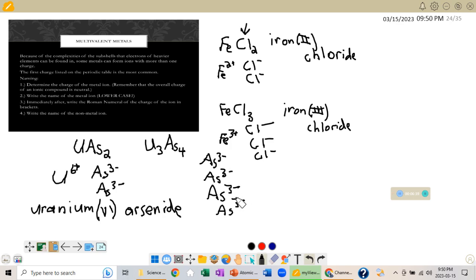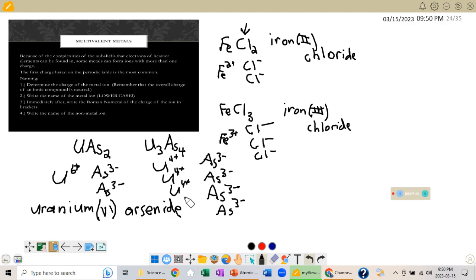3, 6, 9, 12. There's 12 minuses here. That means I need to have 12 pluses. And if it's 6, I'd only need 2. Right? 2 of the 6 plus versions would work. So it's got to be, 3 times 4 is 12. U 4 plus, U 4 plus, and another U 4 plus. And so this one here is the 4 plus version of uranium.